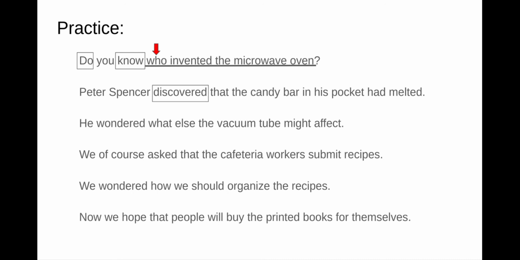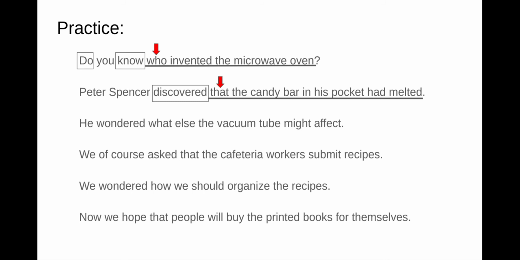Now, Peter Spencer discovered. Discovered is your main verb. Well, what did he discover? There's your introductory word. He discovered that. And now we're going to go to the end of the sentence, that the candy bar in his pocket had melted. And that is your clause acting as direct object.